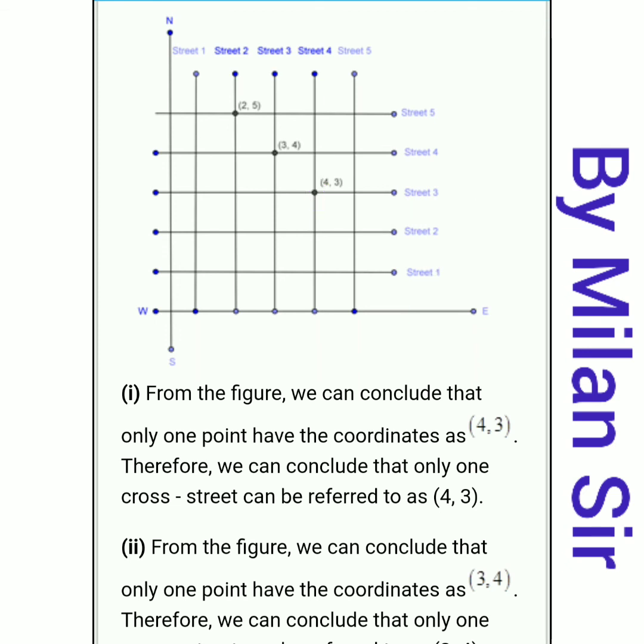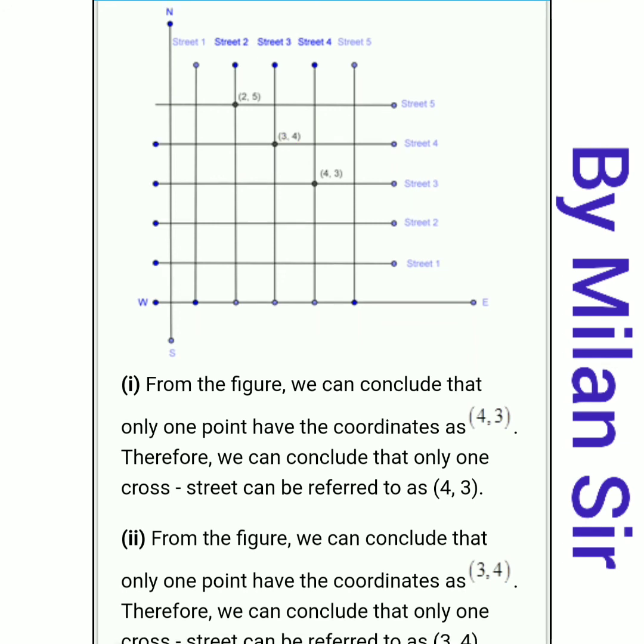Now the same thing for (3, 4). The 3 represents the street in the north-south direction, so vertical street number 3, and 4 represents the east-west direction, so street number 4 in the east-west direction. So this is our (3, 4): the third street in the north-south direction and the fourth street in the east-west direction, and here too we have only 1 point.